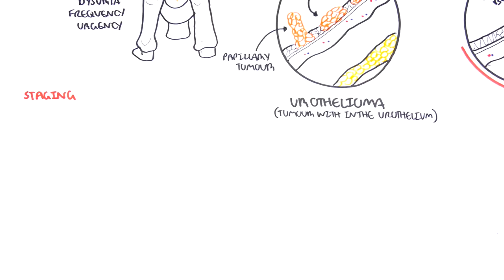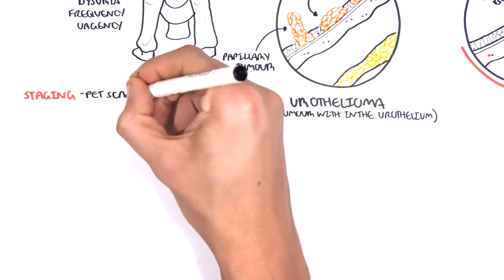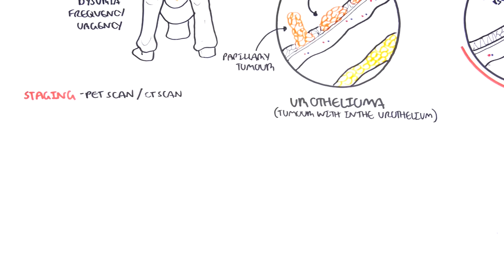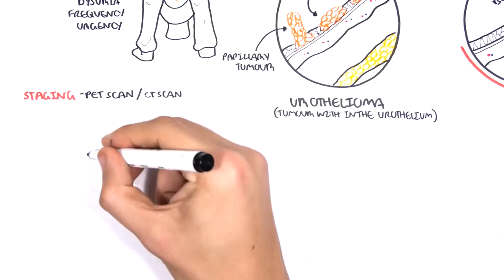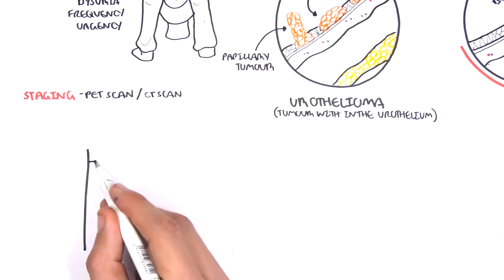If malignancy is confirmed, the next step is to stage the tumor, because this will then tailor the management. The use of PET scan or CT scan can help stage the bladder tumor accurately, to see what layers of the bladder are involved and to see if the tumor has spread elsewhere around the body.